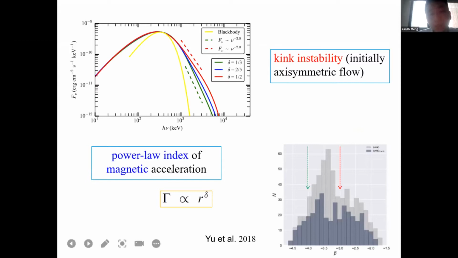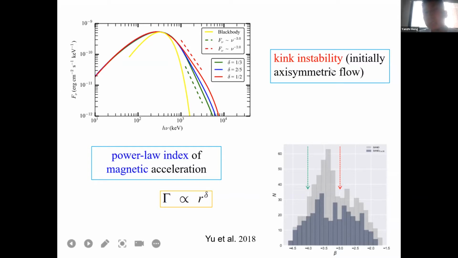It only depends on the power-law index of the magnetic acceleration here. In the previous results, we used the index to be 1/3. It means that the magnetic acceleration is due to reconnection.